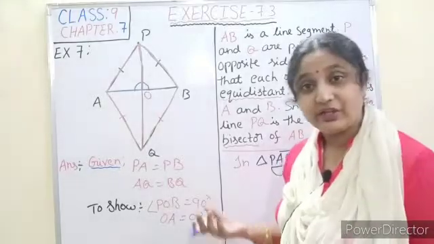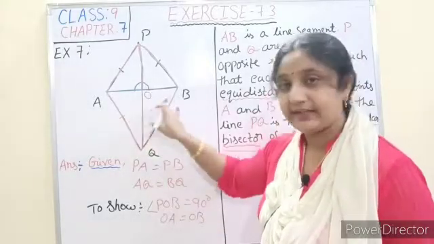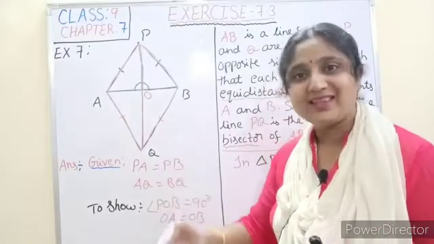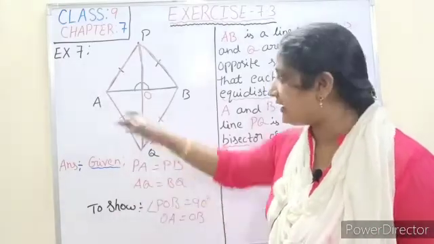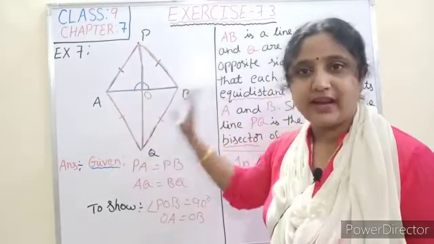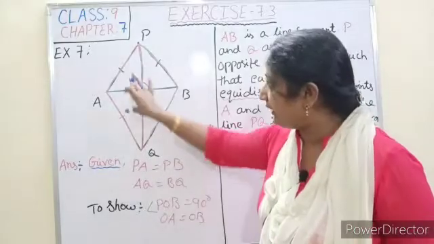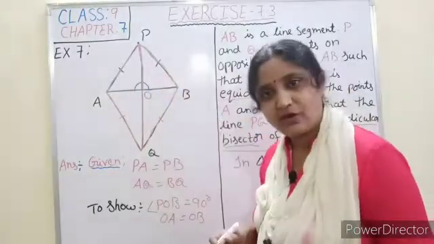So by which congruent rule will these 2 triangles be congruent? By SSS. 3 sides of the 2 triangles are equal, right? So by SSS congruent rule, you can tell this triangle is congruent to this triangle.